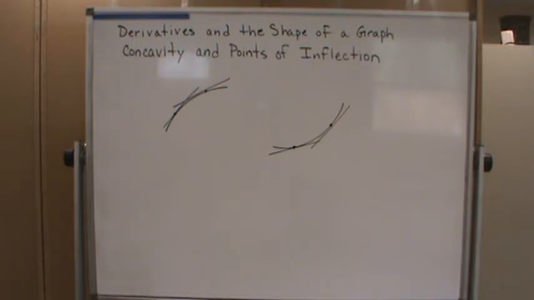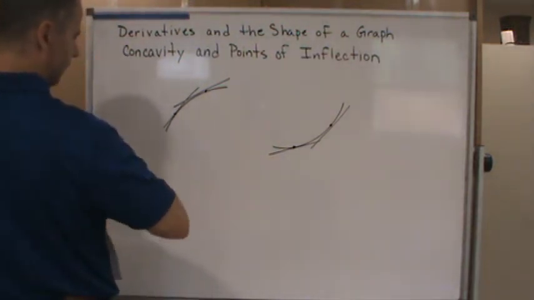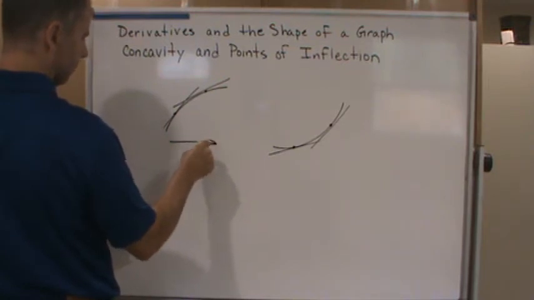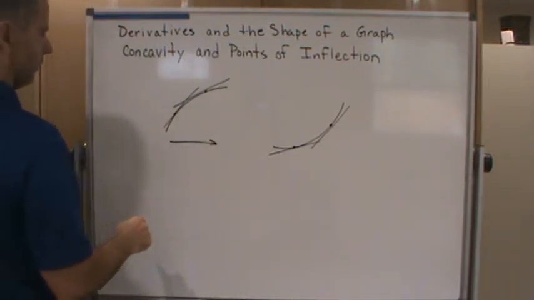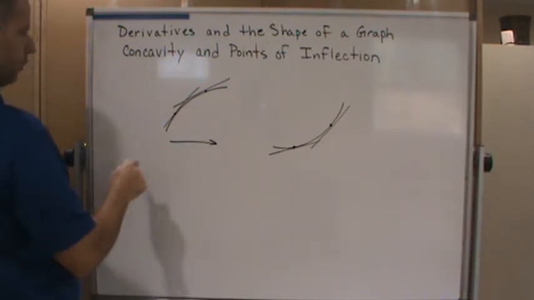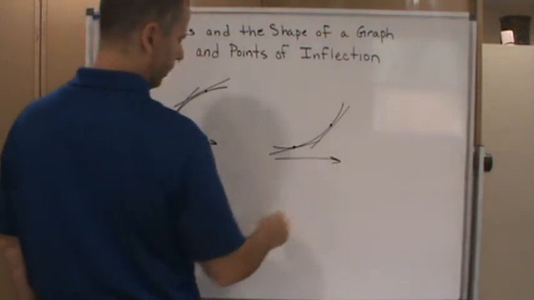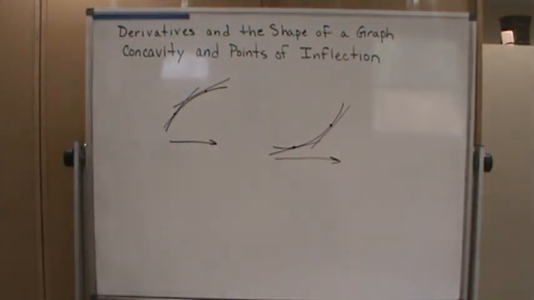So what do we notice? On this one here, as x increases, let's say, the tangent line is getting flatter, right? So it's not increasing as much. And as you go across here, it seems like the tangent lines are getting steeper and steeper.